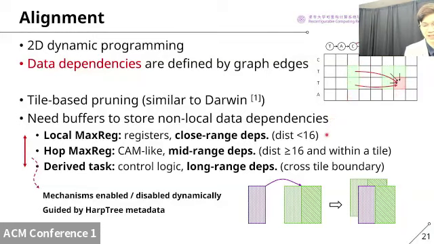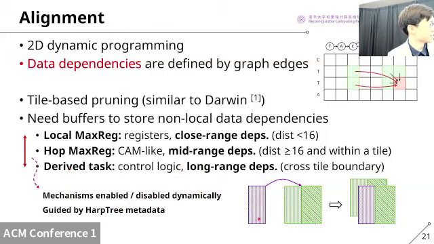For the close range dependencies, which are dependencies shorter than 16 distances, we'll use some registers for each of them, and we call them local max registers. For mid-range dependencies, we'll use some CAM-like or small caches. And for long-range dependencies, which cross the boundary of a tile, we can make some new derived tasks.